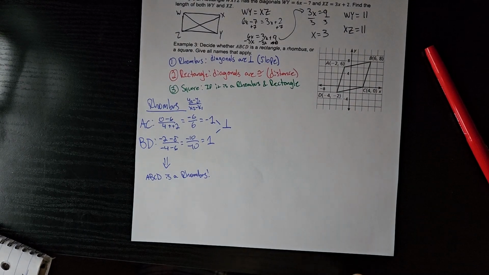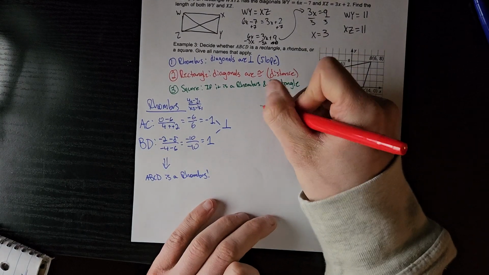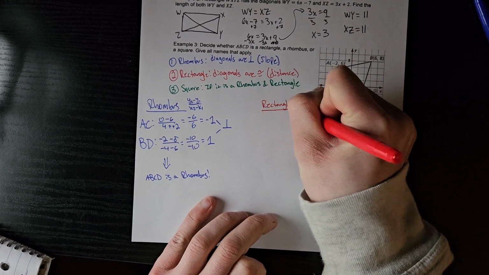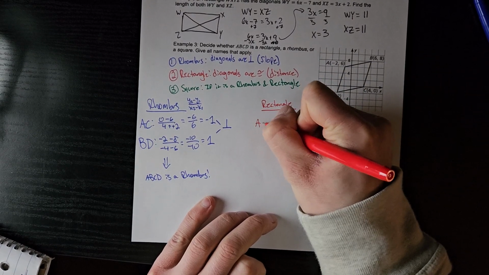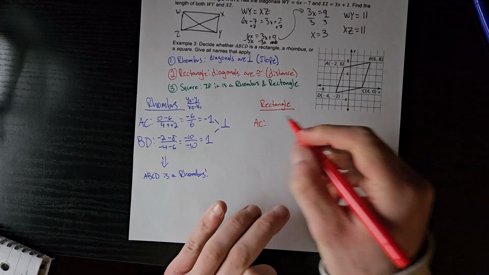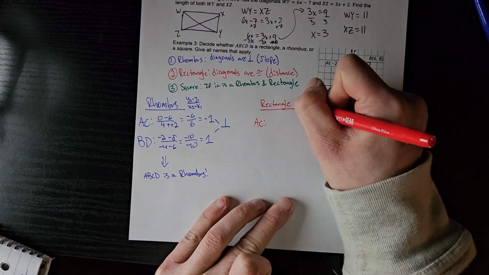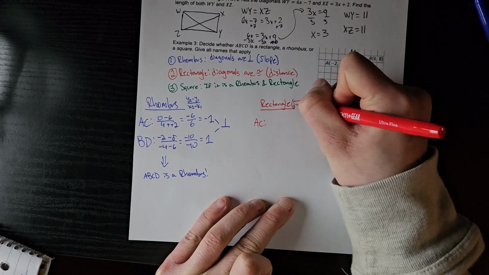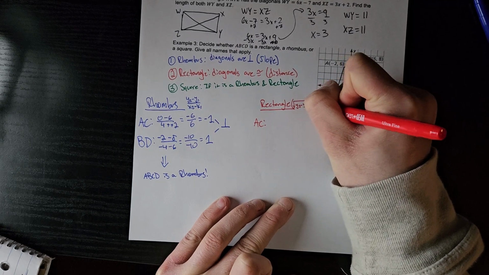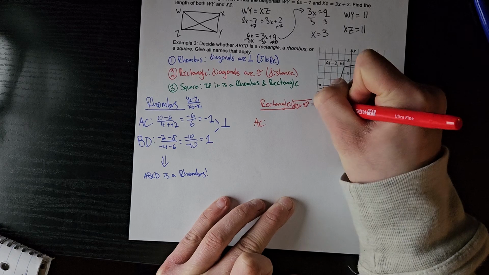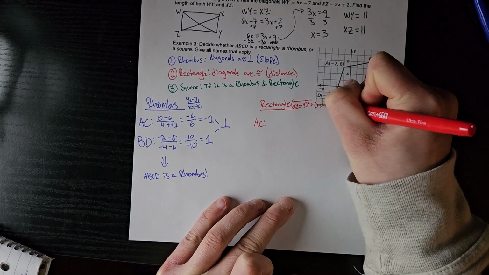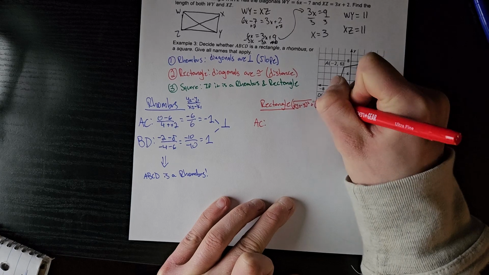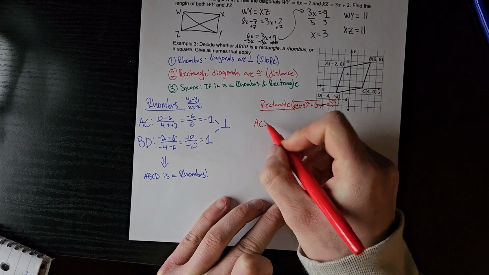But I can't stop there. I have to do the rectangle as well. So I need to find the distance from A to C. Remember the distance formula, that is the square root of y2 minus y1 squared plus x2 minus x1 squared, all under a square root.